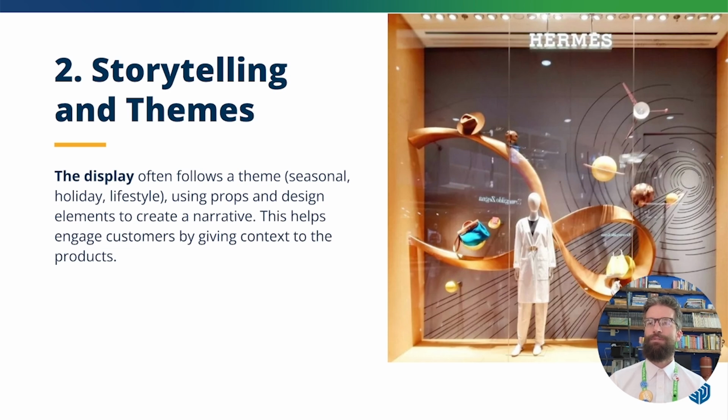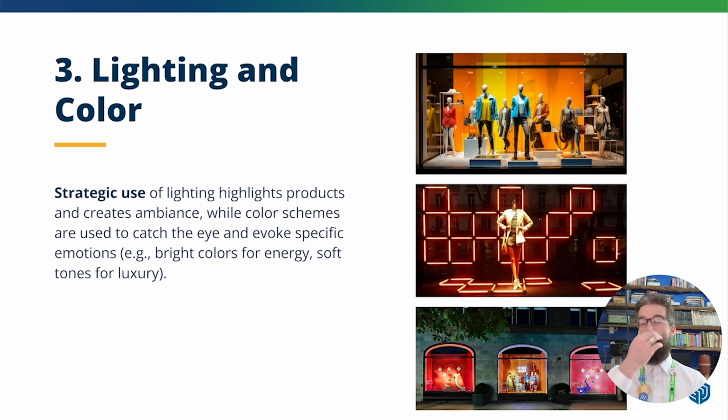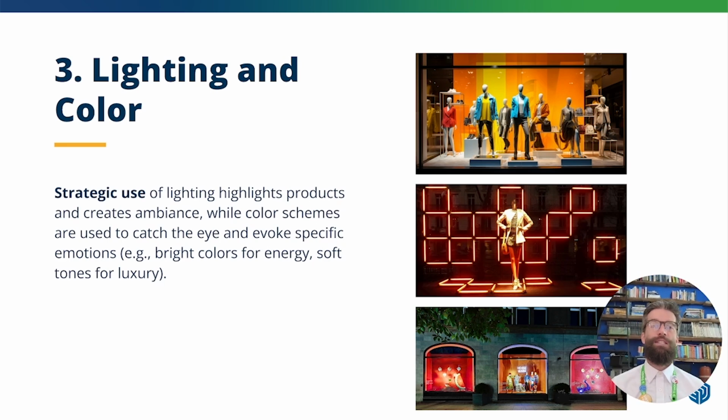This is definitely one of those one-offs, but by using perspective, props and the actual product, we create a really engaging platform. Lighting and color are so important in these situations.